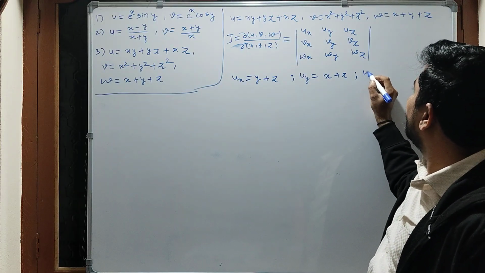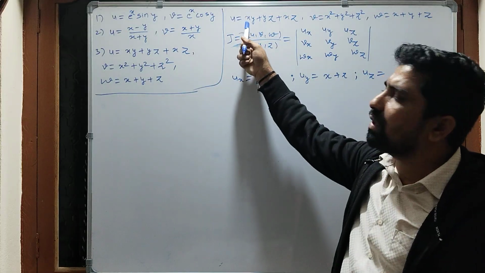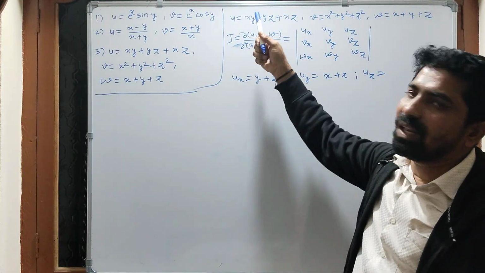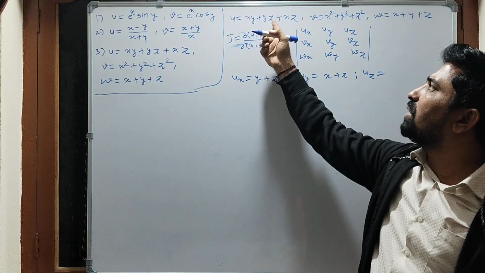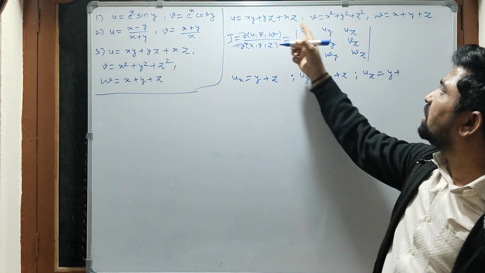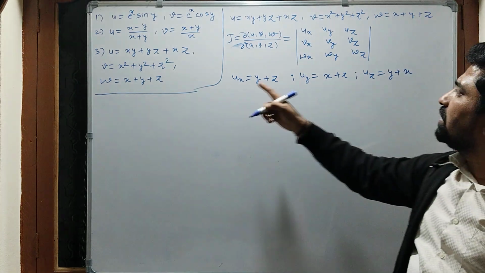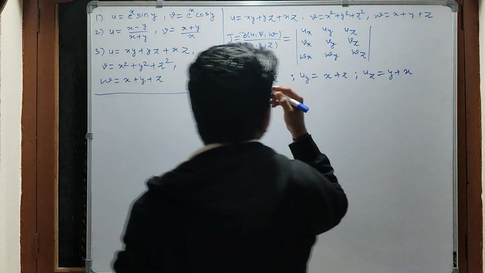Now the partial derivative of u with respect to z. There is no term z here, so the complete term is constant and the derivative of a constant is 0. Now here z is there, so the derivative of z with respect to z is 1, and this is y plus this is x. So this is ux, uy and uz. Now I want to find vx.